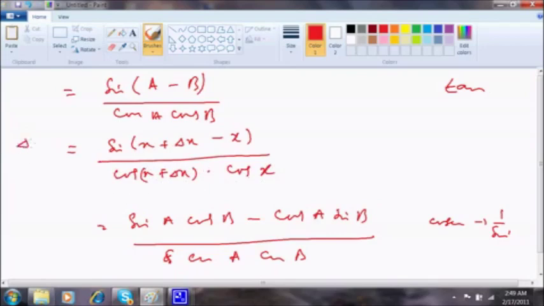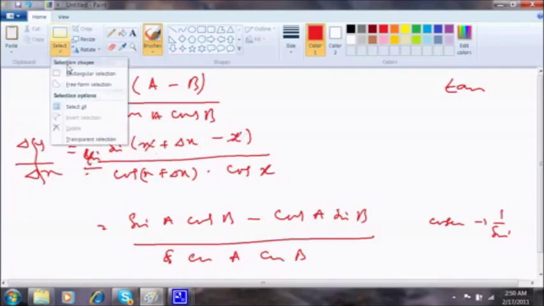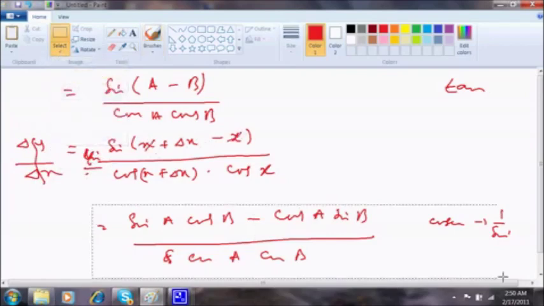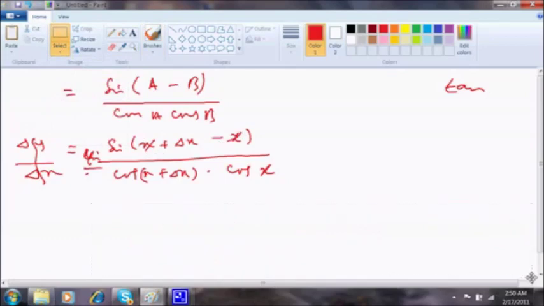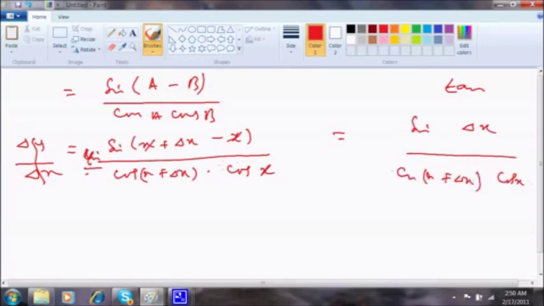Now this is my delta y. In this step I'll divide by delta x limit. I'm sorry, not in this step. Let me divide after simplifying a bit. So what I'm getting here is sine of delta x by cos of (x plus delta x) into cos of x.